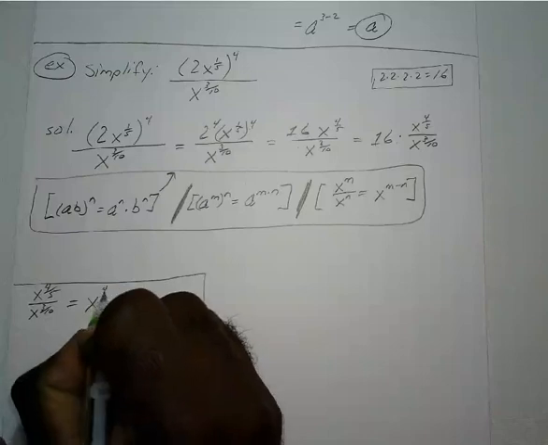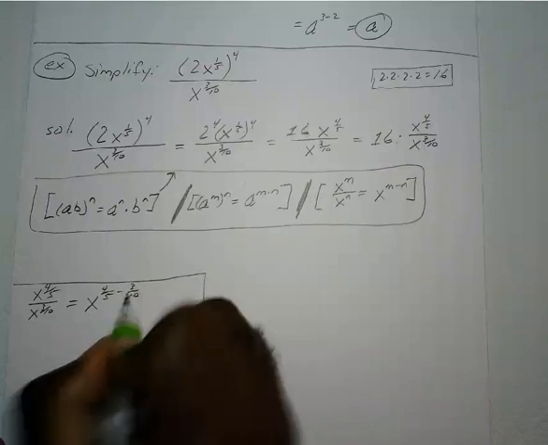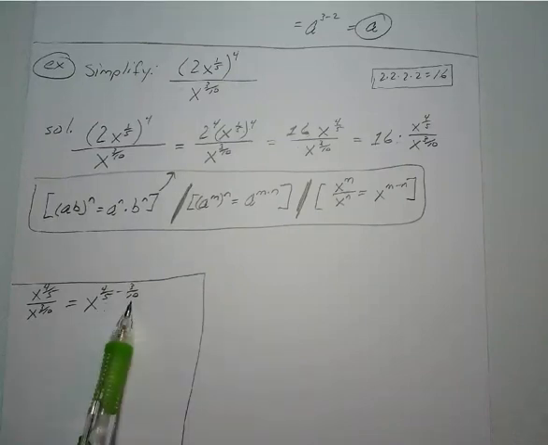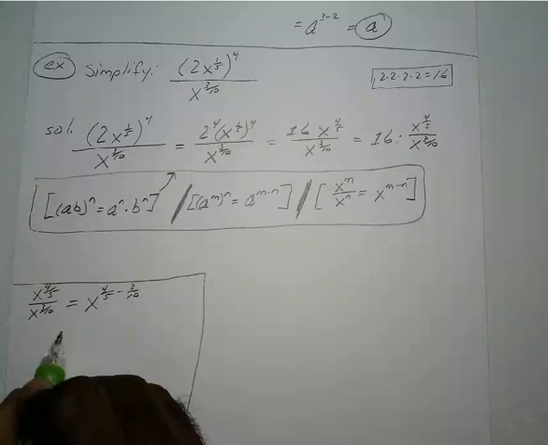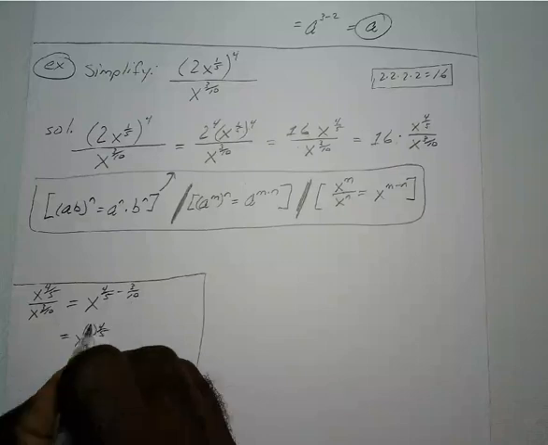Okay, now remember, you can't add or subtract fractions until your denominators match. Okay, now once your denominators match, you can go ahead and add and subtract. So what we're going to do is we're going to make that x to the, and instead of 4/5, we're going to multiply this by 2 over 2 minus 3/10. Okay, by multiplying that 5 times 2, we get the same denominator of 10.